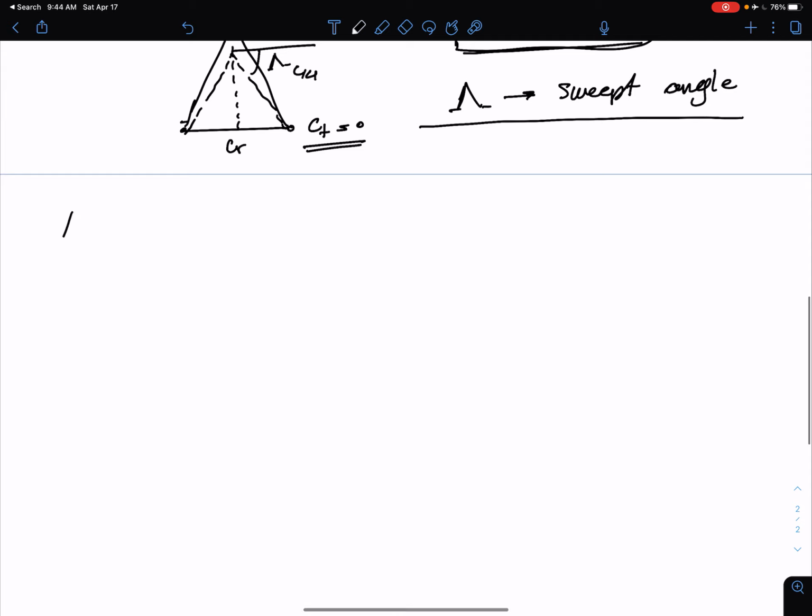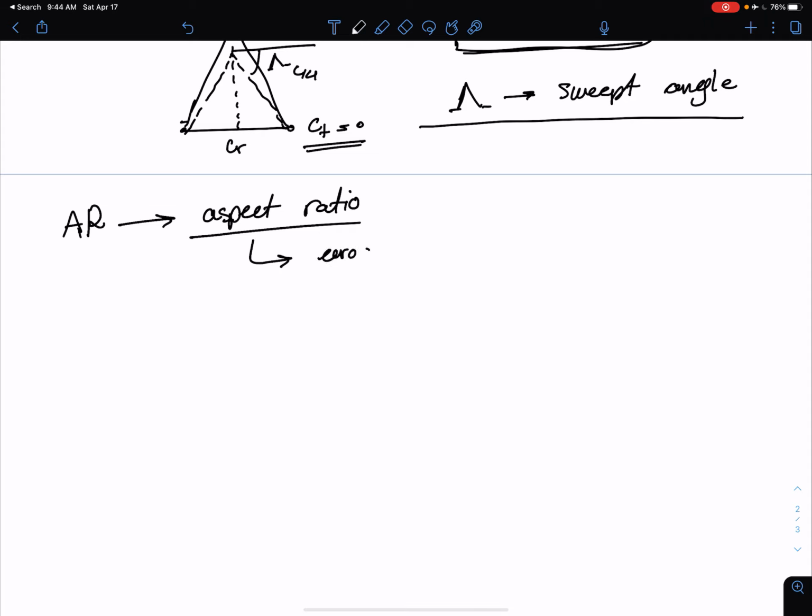A very important parameter in wing design is the aspect ratio. Aspect ratio is very, very important in determining the aerodynamic characteristics, as well as the structural characteristics of the wing.